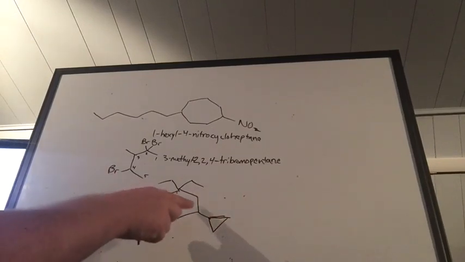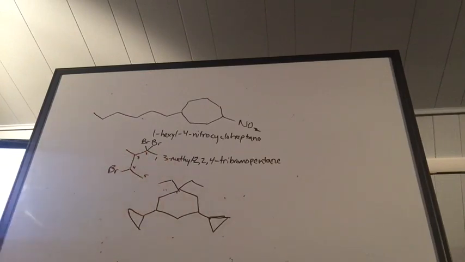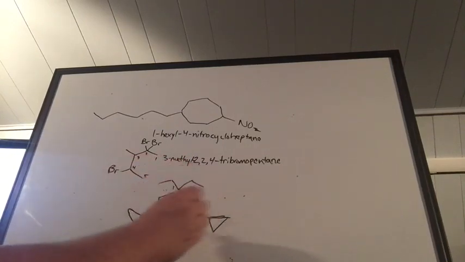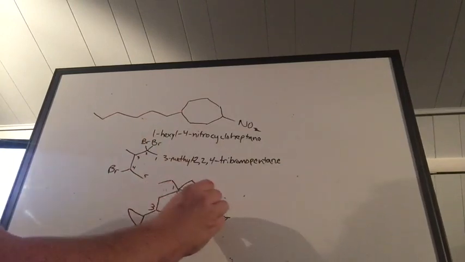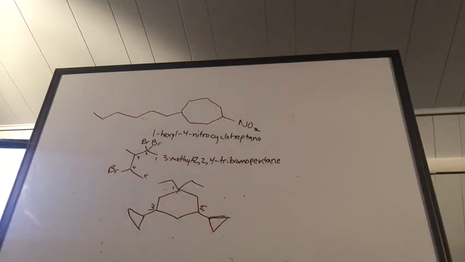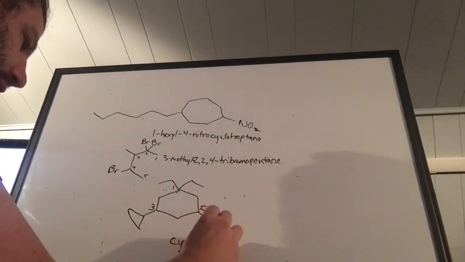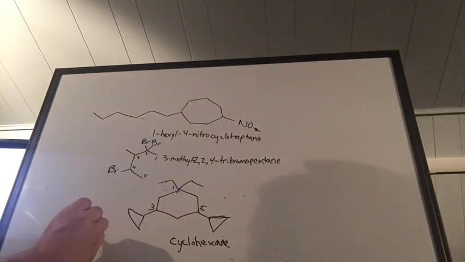We have a cyclohexane ring in the middle, and we have 2 ethyl groups. So branching off the same carbon, so we can treat this one as number 1, right? And then no matter which way we go, everything's symmetrical. So we'll just say 3, 5. Okay, so it's going to be cyclohexane is the root. And then 3, 5.